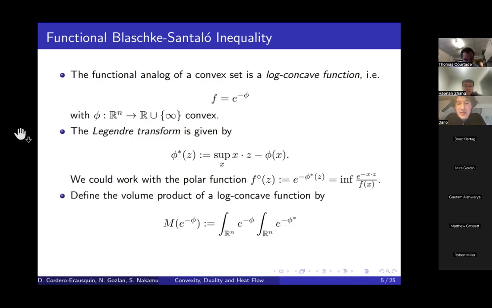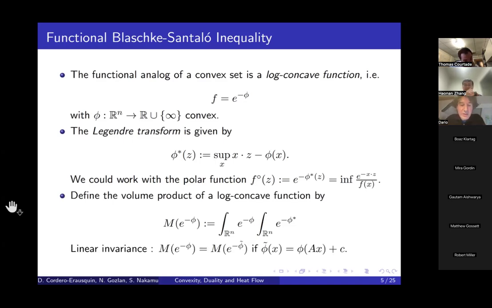And so you can define the volume product of the log concave function exponential minus phi to be the product of the integral of exponential minus phi times the integral of the exponential of minus phi star. And you can observe again that you have some linear invariance, so that this quantity is invariant if you perform a linear transform here and if you add a constant.